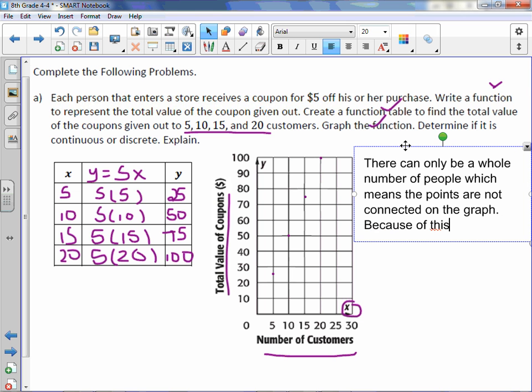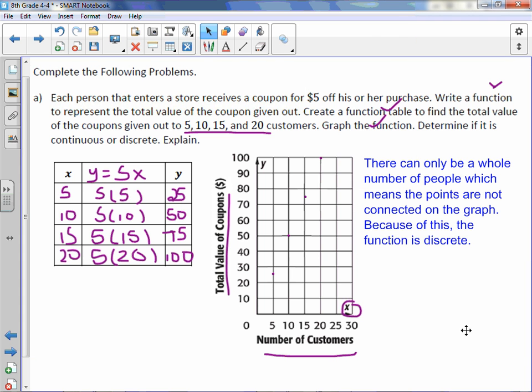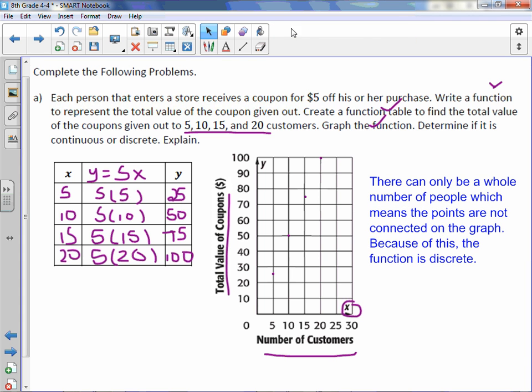Because of this, the function is discrete. So because we can't draw that line, it makes our function discrete. Okay, so we determined if it was continuous or discrete, and we just explained. Now we are done with the problem.